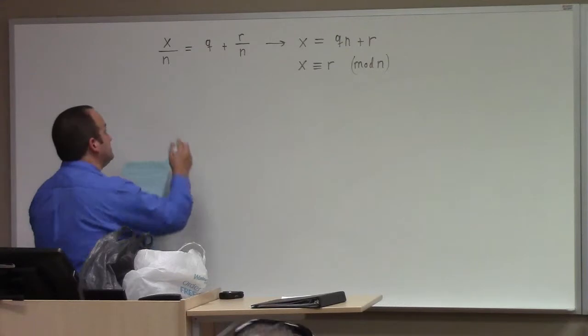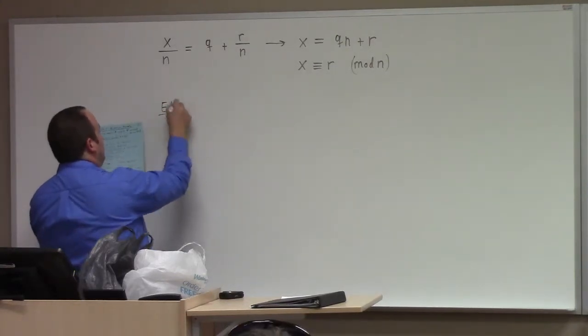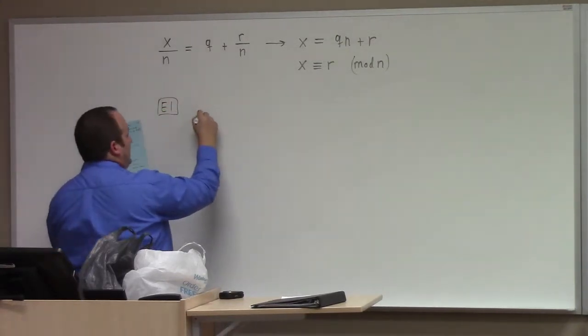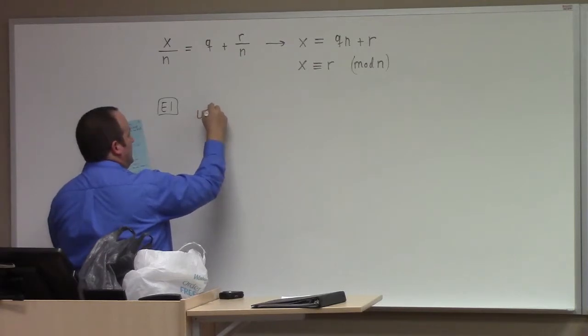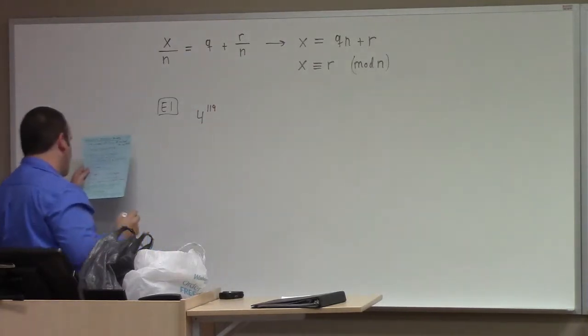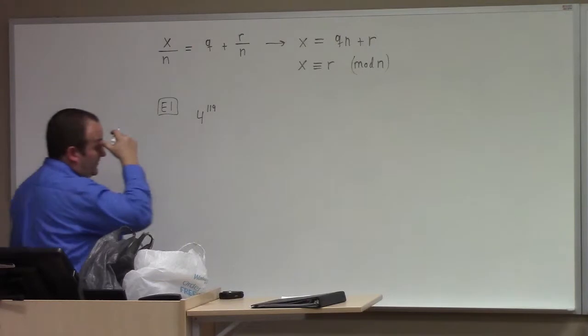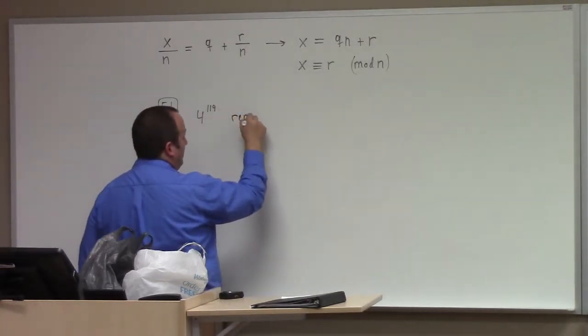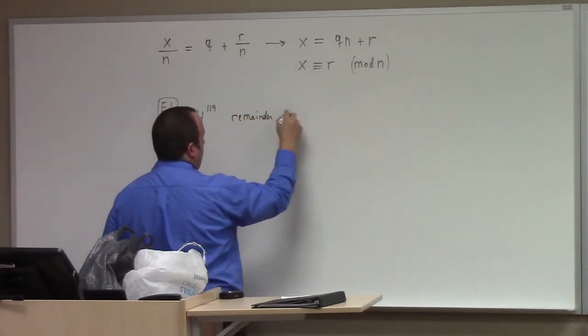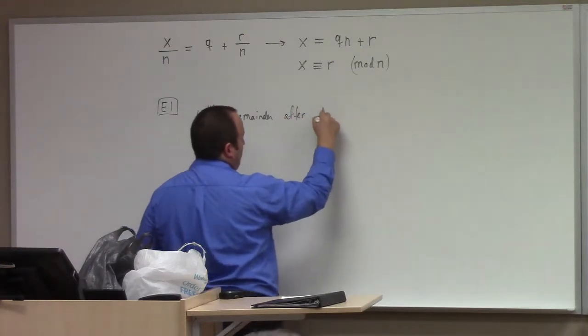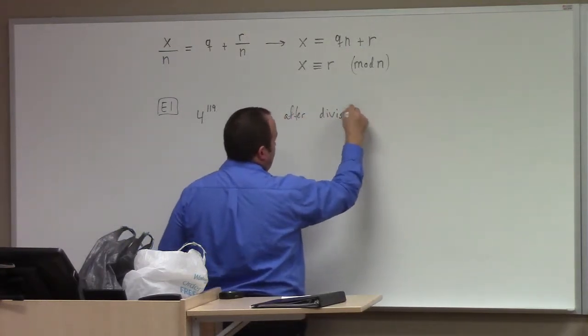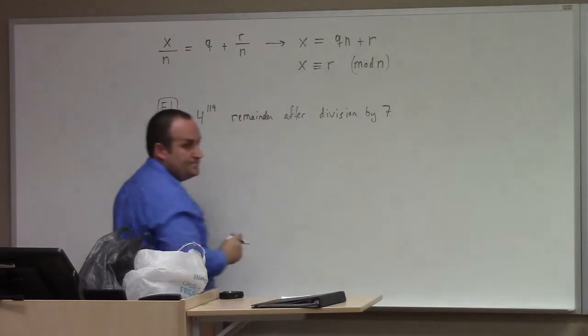For example, just to get us started here, and this is in the book, but I think it's worth going through together: 4 to the 119th power, I want to find the remainder after division by 7. All right.